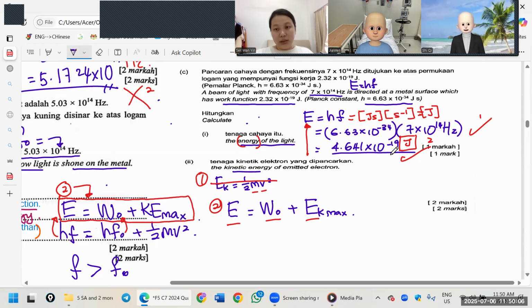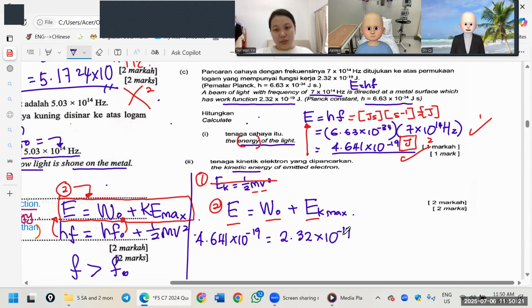So now the E just now we got already. Substitute here. W naught they directly gave already, so we can directly get kinetic energy. So remember we got two ways for this topic.